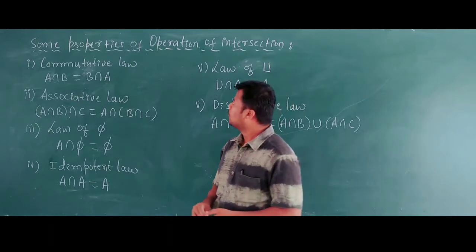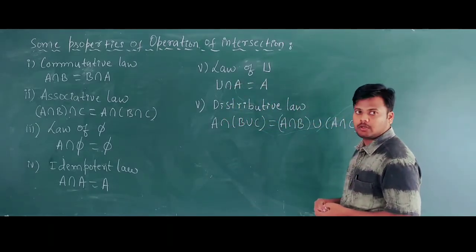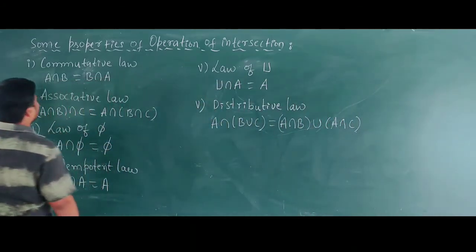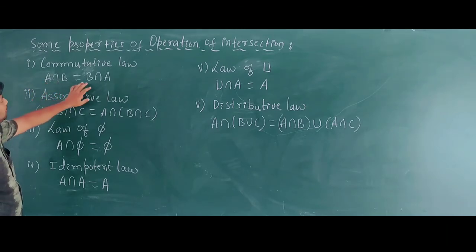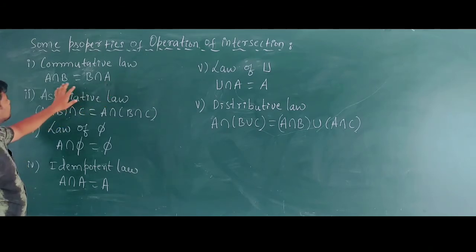Next one, some properties of the operation of intersection. Okay, we'll see some properties of intersection. First one, commutative law. A intersection B equals B intersection A. So take any two sets A and B. Check this property.